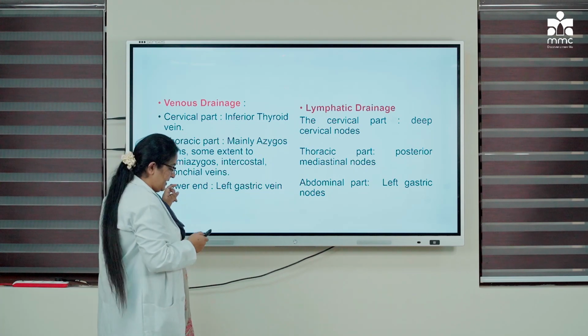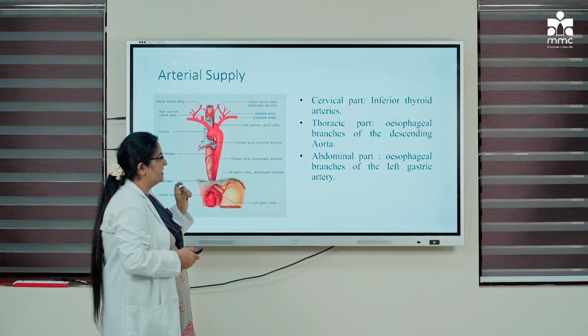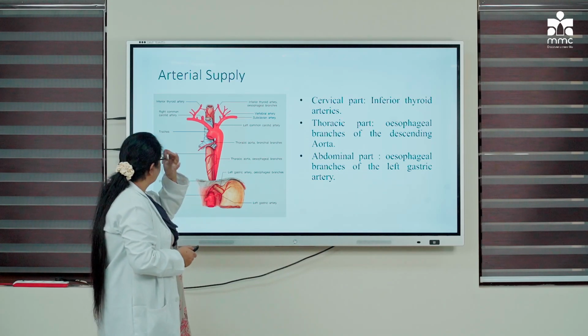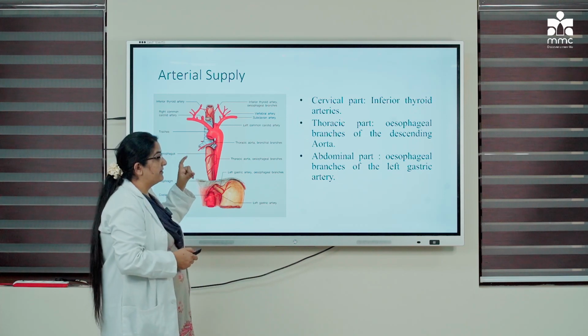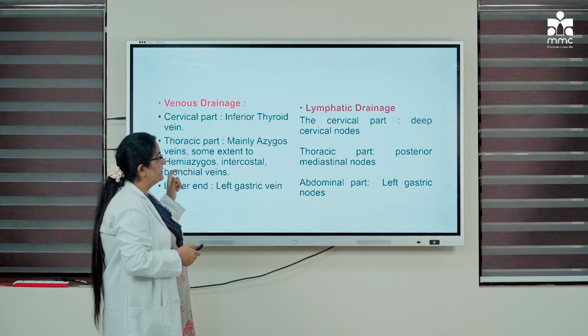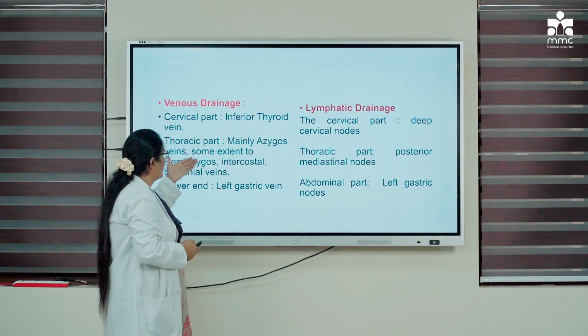Then here the thoracic part was supplied by the esophageal branches of the descending thoracic aorta. That means here the main arterial channel was the descending thoracic aorta, and the main venous channel in the thoracic cavity is the azygous veins.